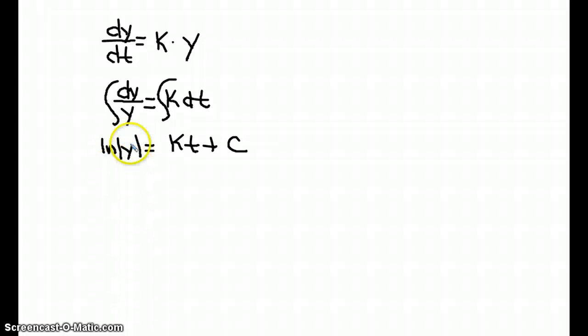It also allows me to take the absolute value off, because when I plug my value in, I'll get the right sign and I don't have to worry about the absolute value. So remember, to get the y out of here, I'm going to rewrite as an exponential. So I get y equals e to all of this.